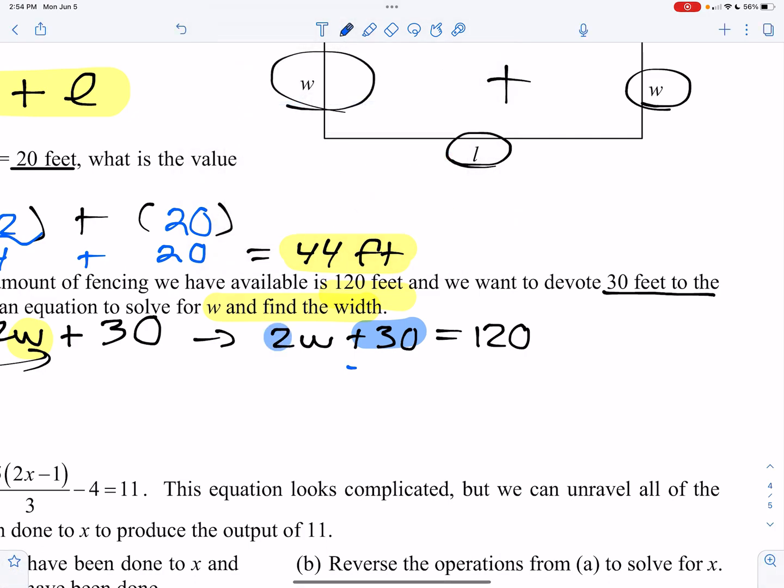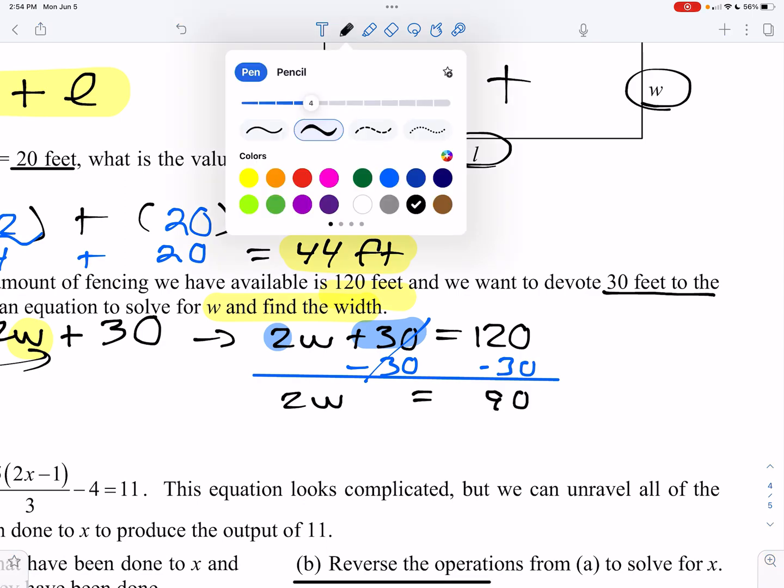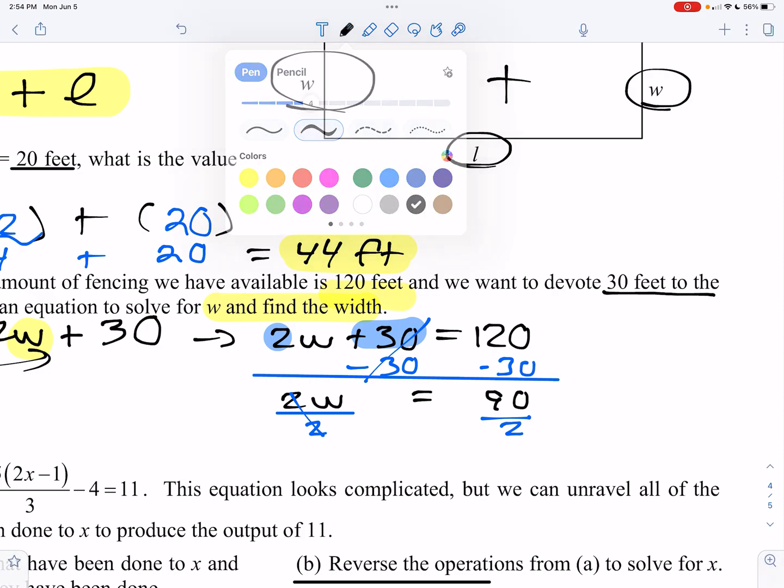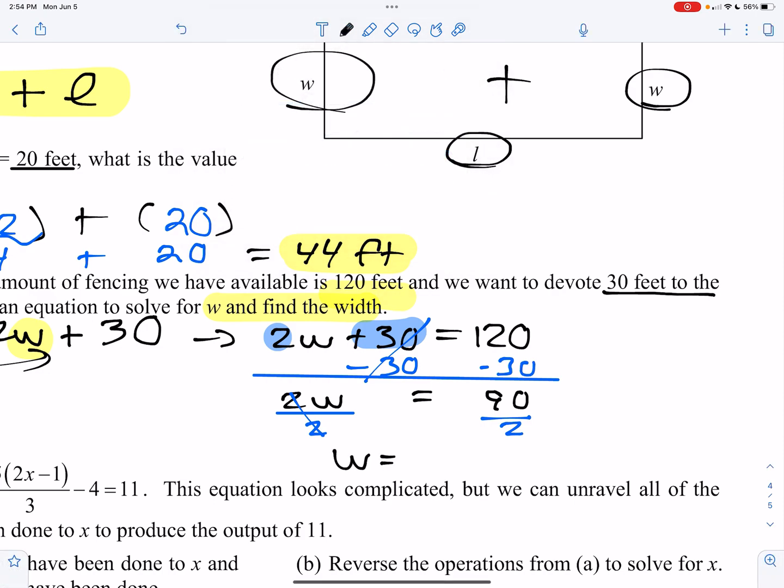The opposite of adding 30 is to subtract 30 from both sides, so I'll do that. And I get 2 times the W equals 90. Now, I see 2W is 2 times W. The opposite of that would be to divide by 2 both sides. And W would equal 90 divided by 2, which is 45 feet.